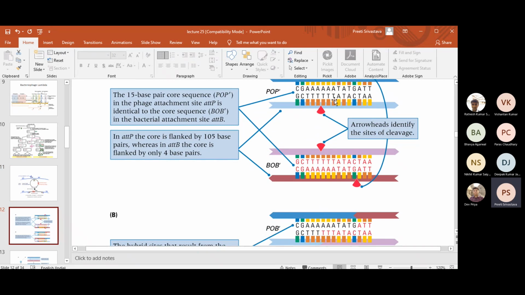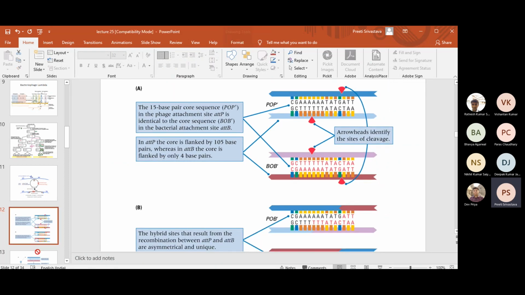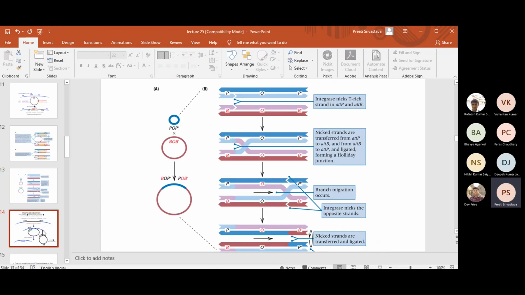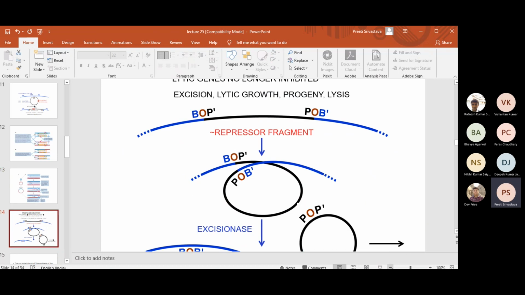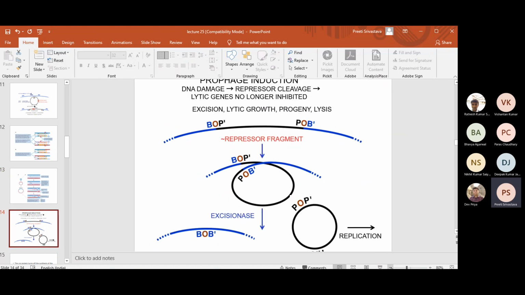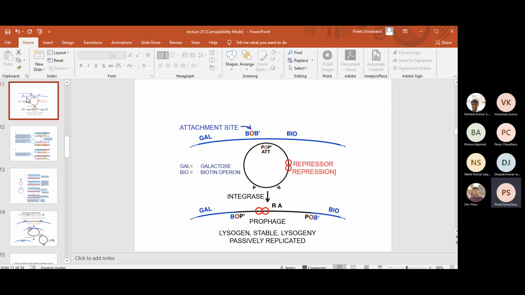You see there are multiple T's. So hope how it exists as a prophage is clear from this diagram, how the phage DNA has integrated and now exists as a prophage, right?